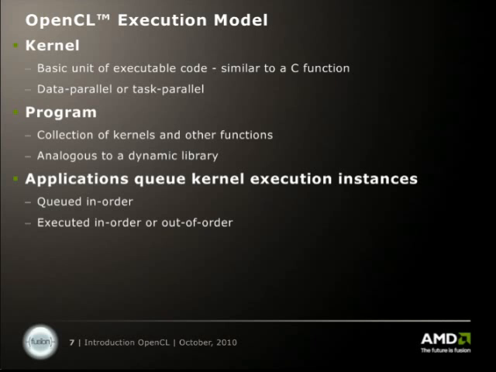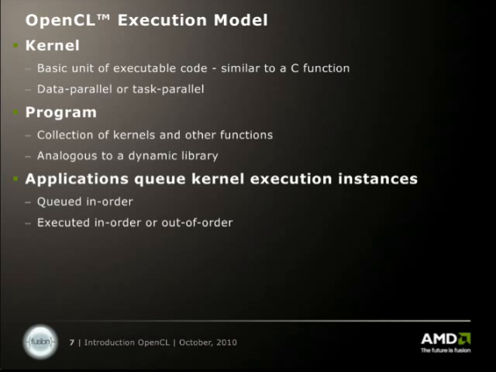And so the execution model itself is based on a notion of a kernel. As I said, this is basically the unit of executable code. It's very similar to a C function, and it's what you will call from your host side application. You'll do what's called a dispatch to execute this code on the device. Basically it exposes an entry point that can be called from the host.